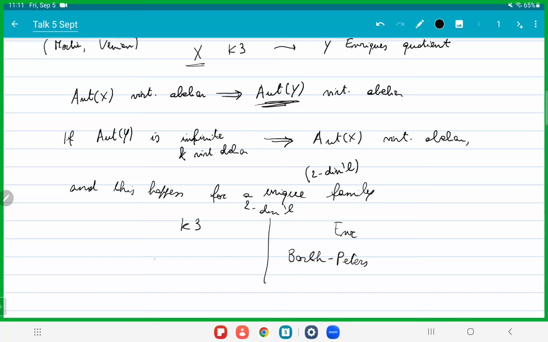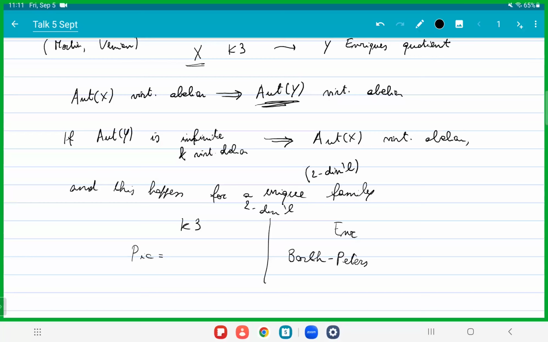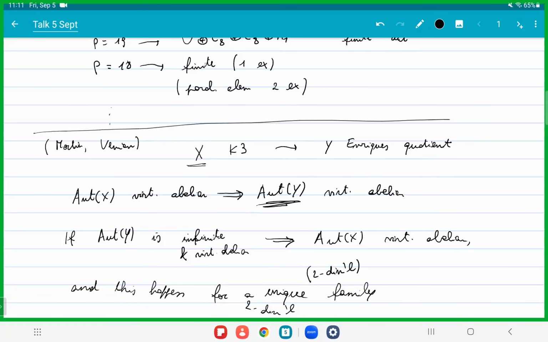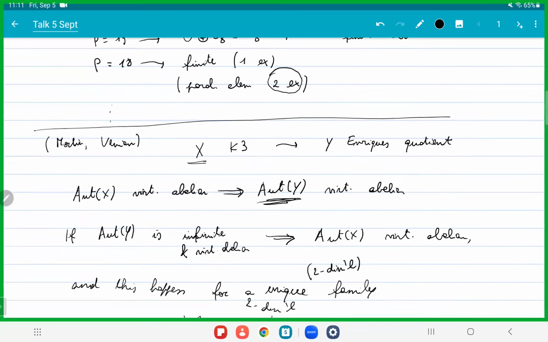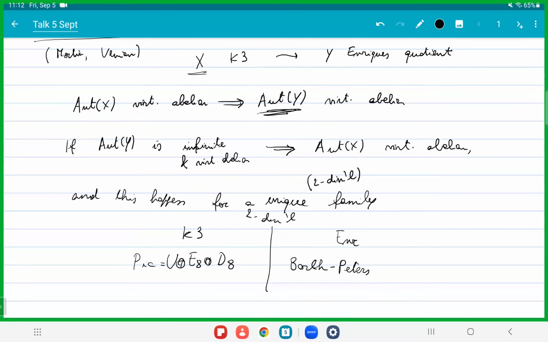From the side of K3s, they are K3s with Picard lattice U plus E8 plus D8, if I'm not mistaken. This is one of the two examples of Picard rank 18 in the parabolic elementary case. These are the only K3s that cover an Enriques surface and have a virtually abelian automorphism group. So there's a unique two-dimensional family of K3s with this property, which is sort of surprising, I guess. But yeah, this is what happens for Enriques.